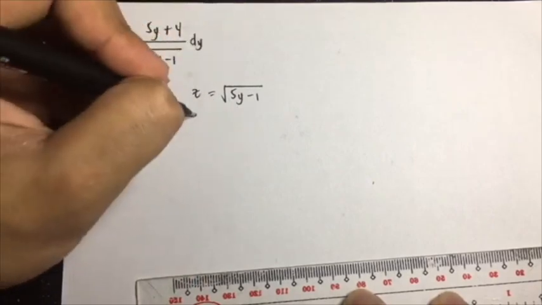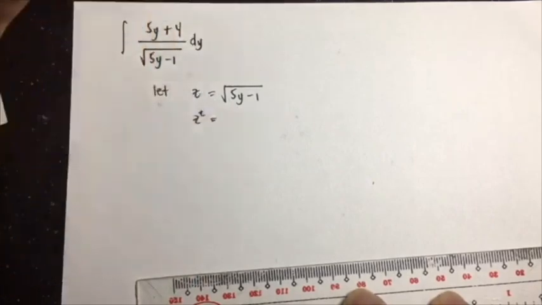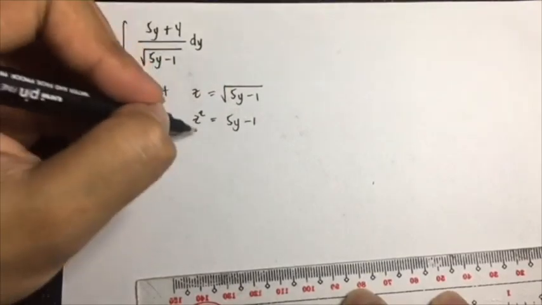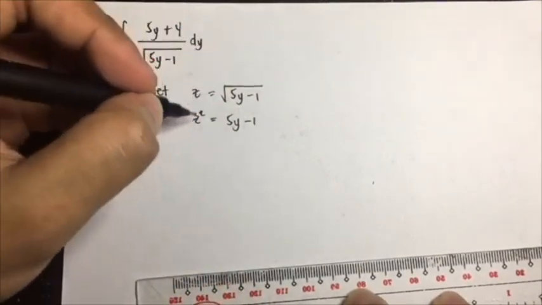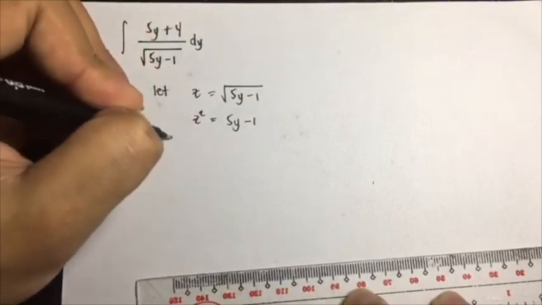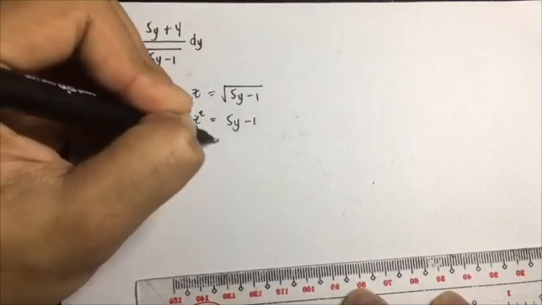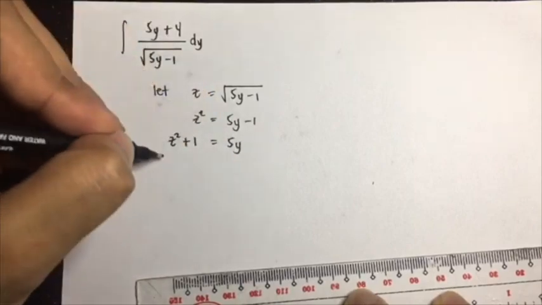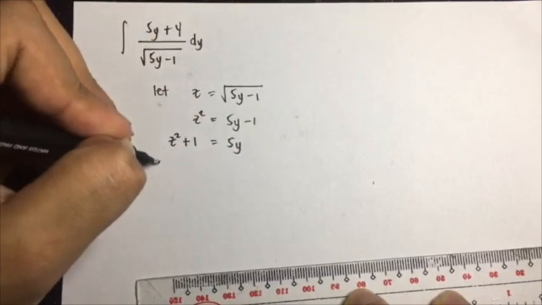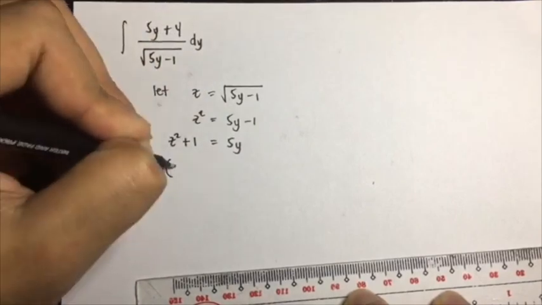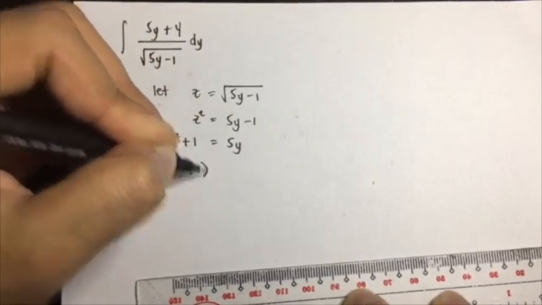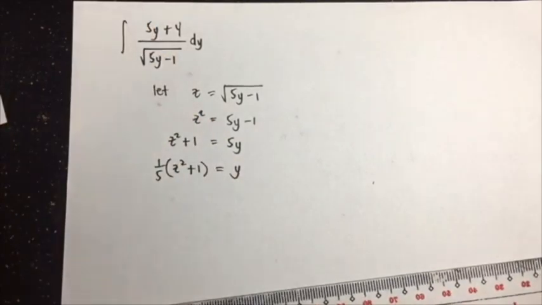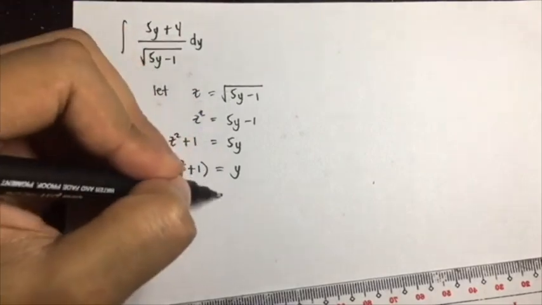Squaring both sides, we will have z squared is equal to 5y minus 1. Transposing 1, we will have z squared plus 1 is equal to 5y. Dividing both sides by 5, we will have 1/5 (z squared plus 1) is equal to y.